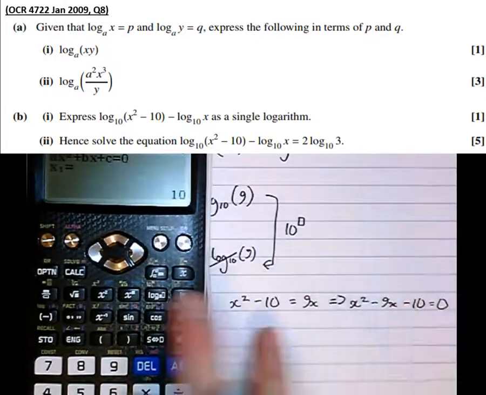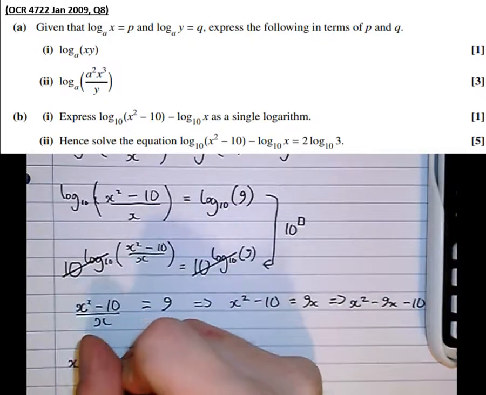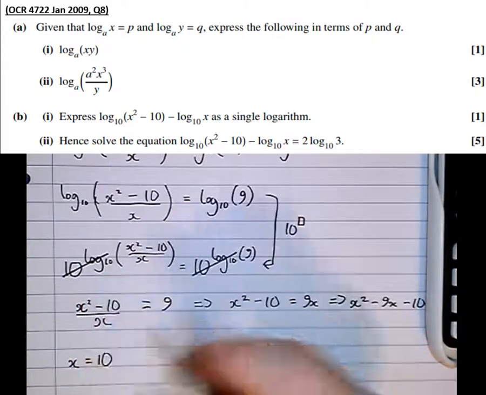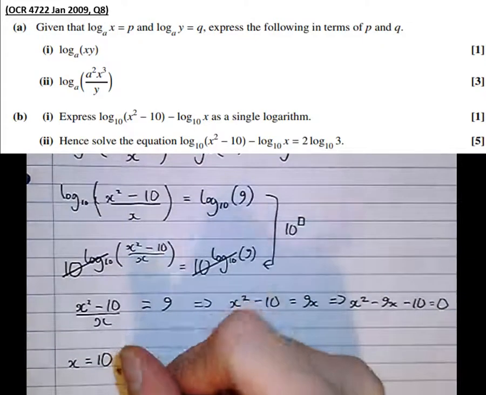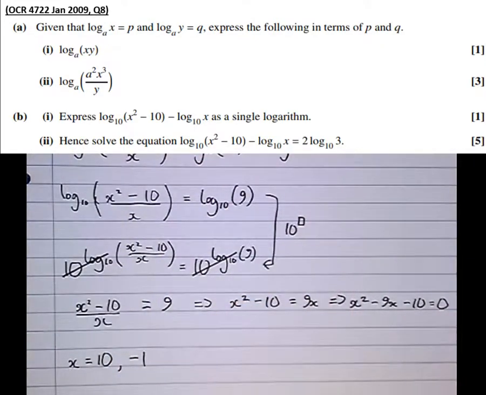So the first one is x equals 10, and the second root, if I press equals again, is minus 1. But that's not the end of the story, because now we've got to think in the context of this question, which one of those solutions makes sense.